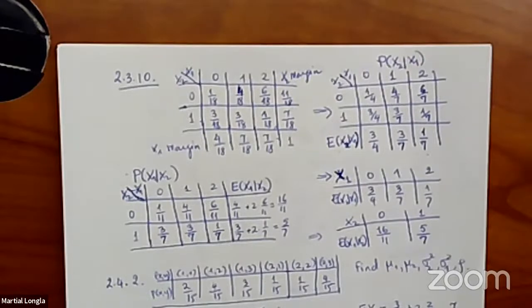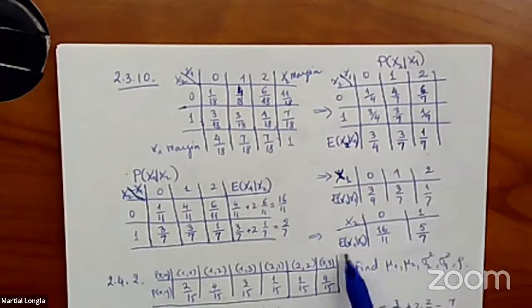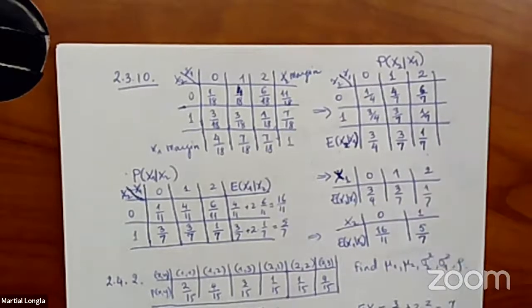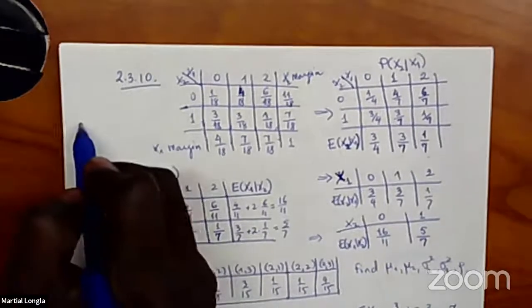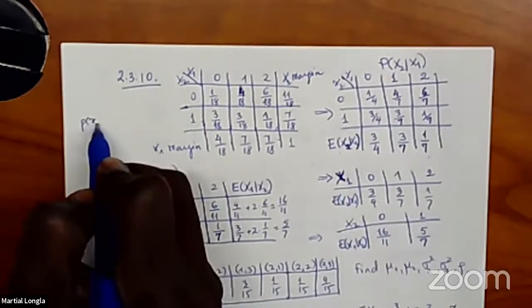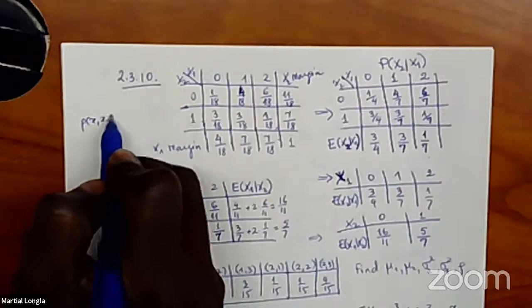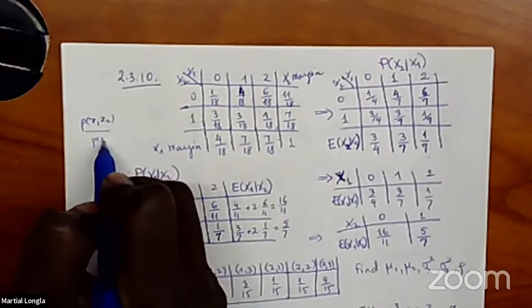And then you compute the expected value the same way we just did here, and you get the two values. Again, that is based on the fact that the conditional distribution is the joint distribution P(x1, x2) over P(x2).